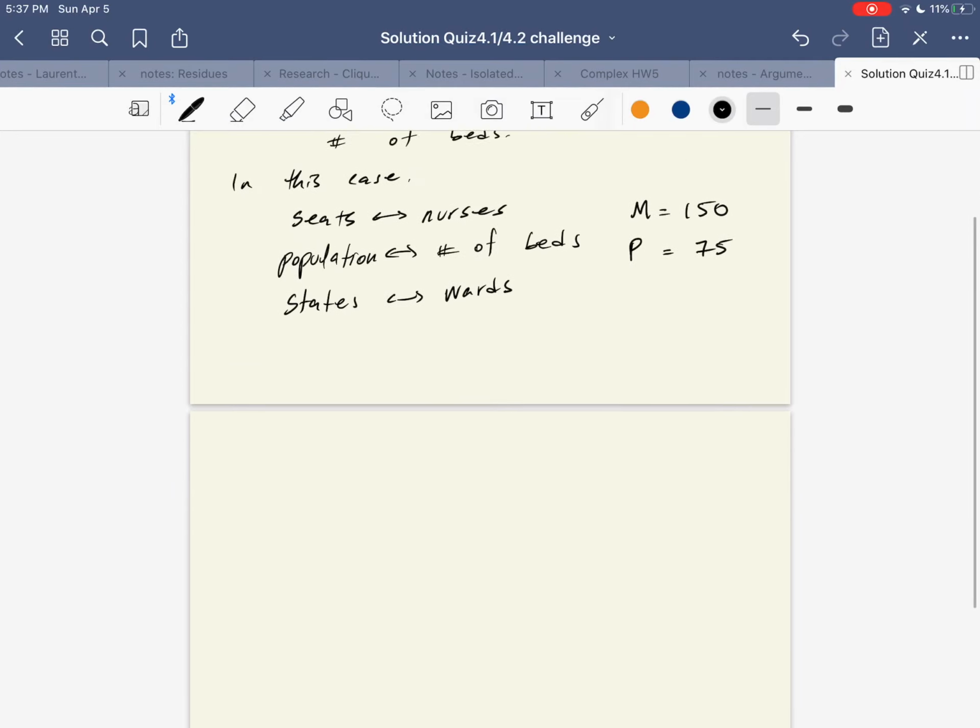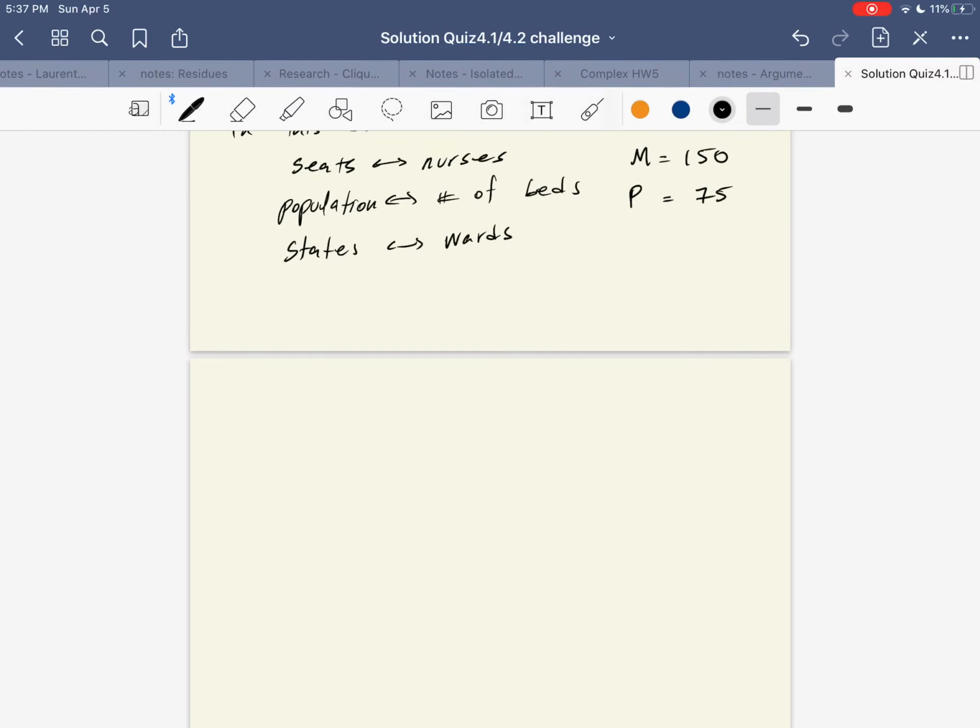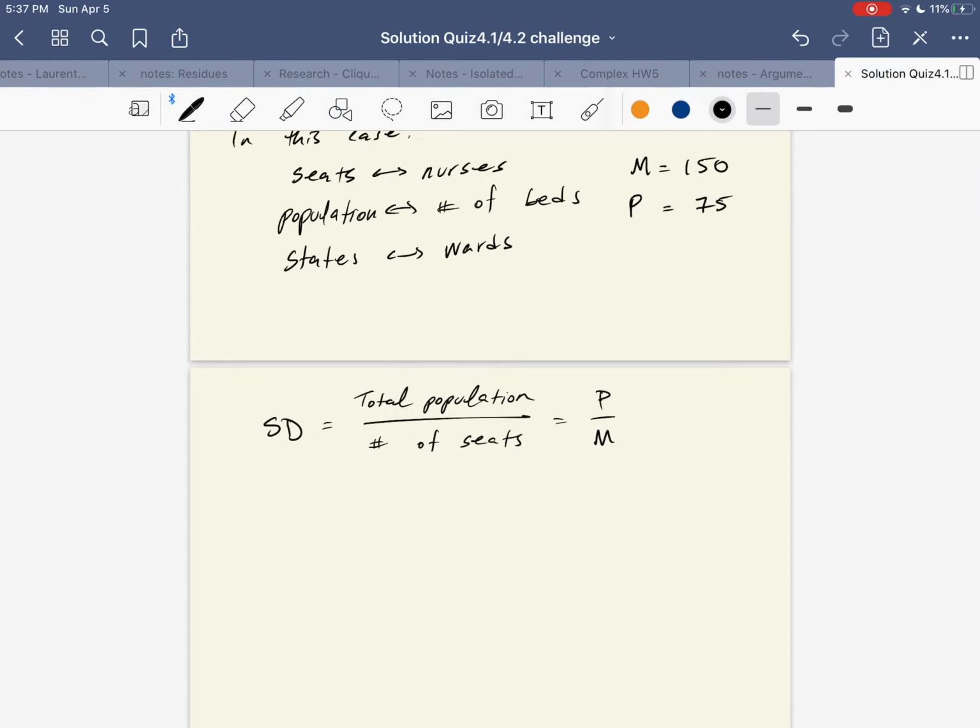The first thing we want to do is calculate the standard divisor, right? The standard divisor is the total population divided by the number of seats, which is P over M. This is exactly where a lot of you got mixed up.